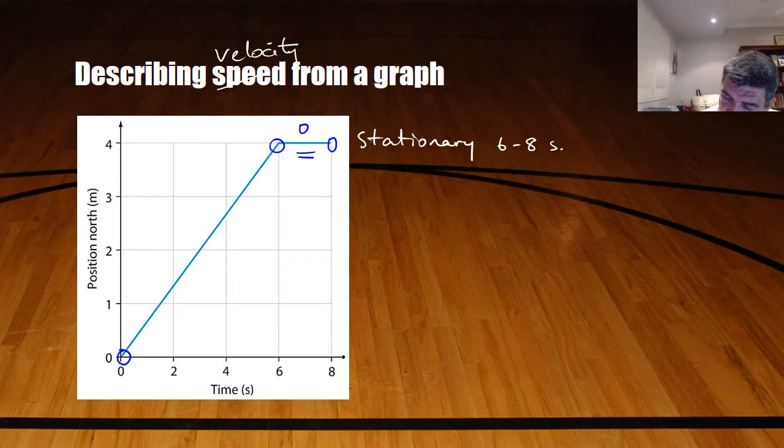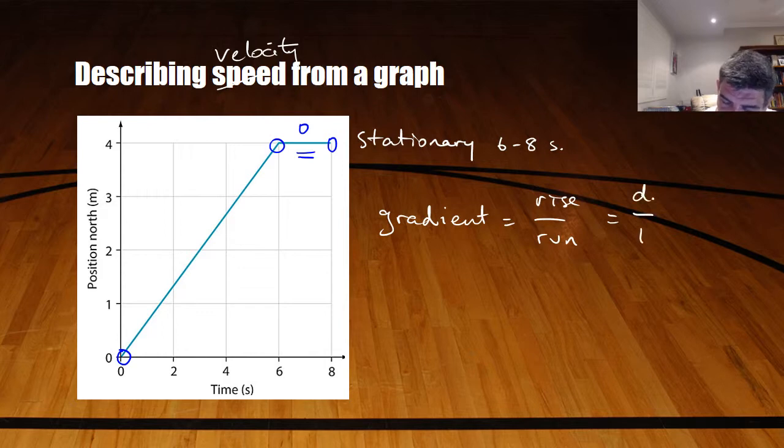If we say that the calculation of gradient, which is the slope of a line, is equal to rise over run, what you notice is the rise is equivalent to the position or distance, and the run is equivalent to the time. And this is the way we calculated average speed before. In this case, we would have 4 divided by 6, which is 2/3, or 0.67 meters per second.